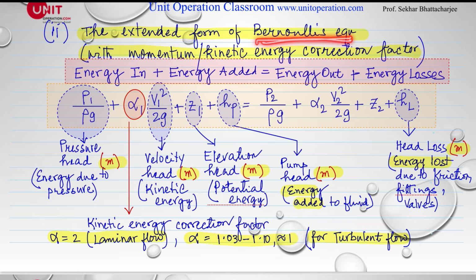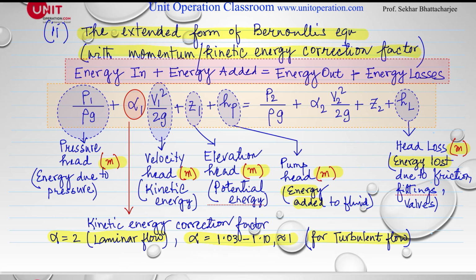So this is the extended form, and the momentum and kinetic energy correction factors are also included in this extended term. So we can write this one as energy in plus energy added must be equal to energy out plus energy losses. Let's see what is meant by that.